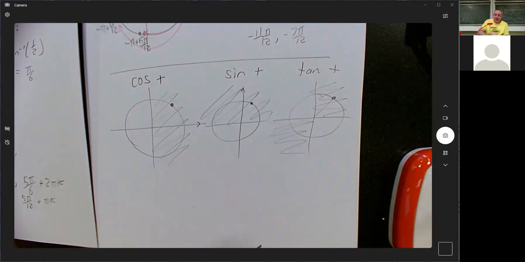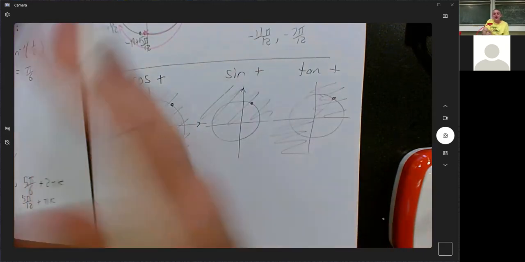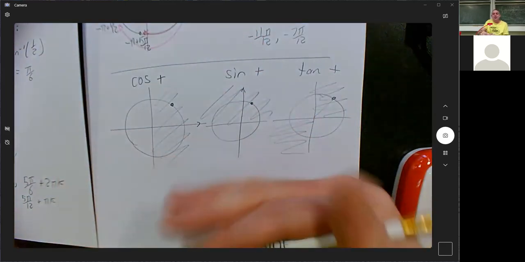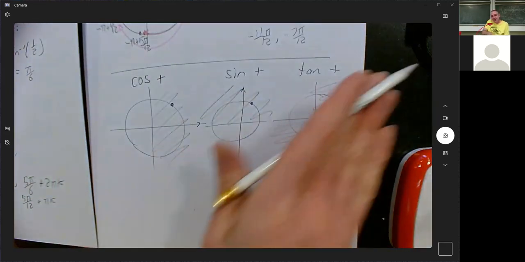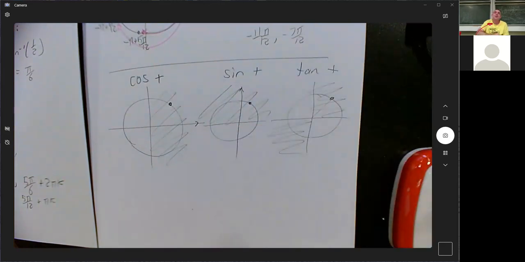And so if you are also like me and have trouble remembering which order letters go, you may find it easier to remember these pictures. That cos is positive on the right-hand side, sine is positive at the top, and tan is positive where the slope is positive. That might be helpful.